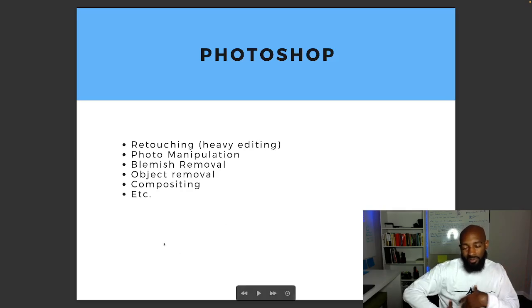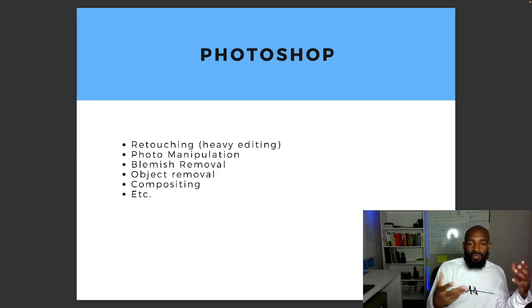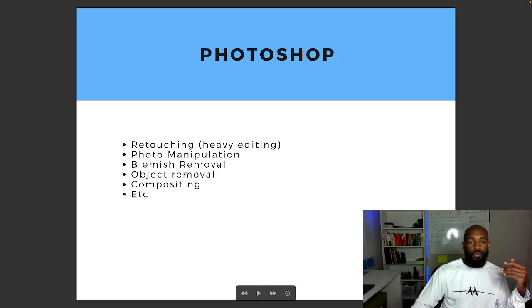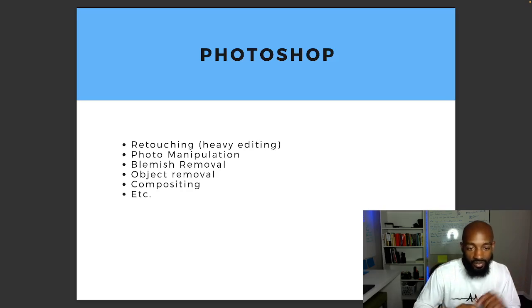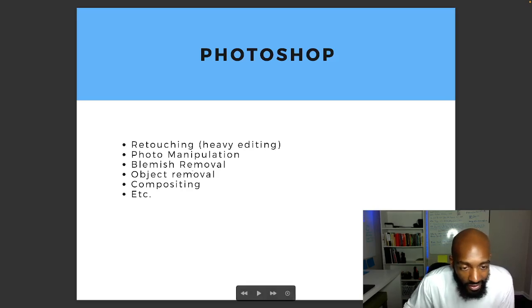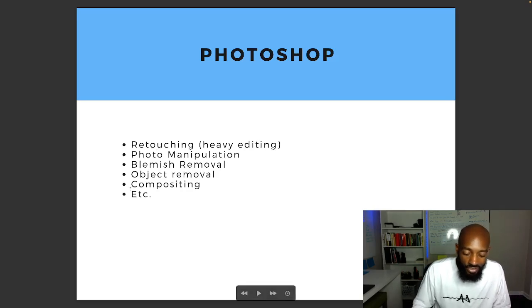So like taking somebody's stomach in and out, making somebody's head or lips bigger or smaller, removing stray hairs or whatnot, composite imaging, object removal, so any kind of distractions that you don't want inside the photo, you can really just do it. You can really perfect your photo as much as you want. You can spend hours trying to edit one photo. Please don't take hours, unless you get paid like that.